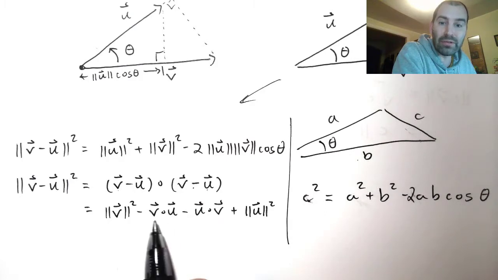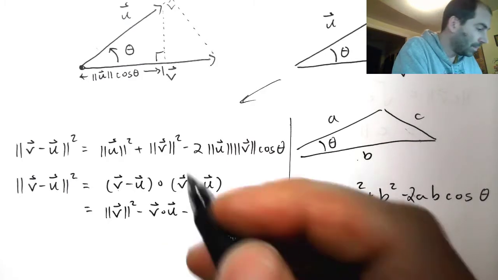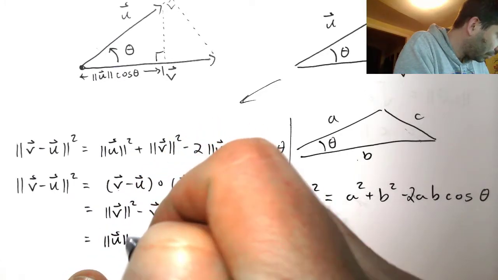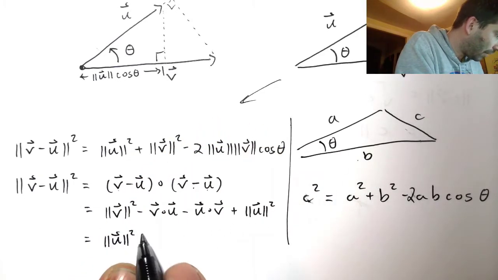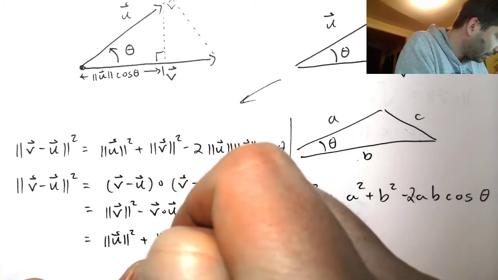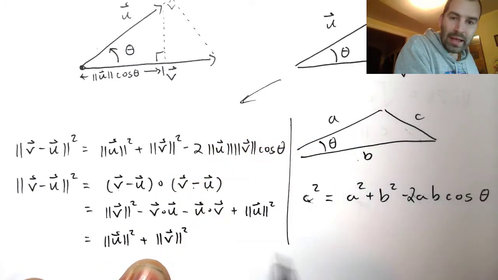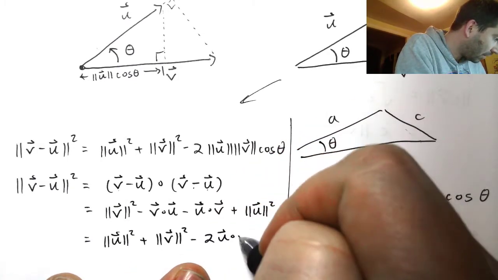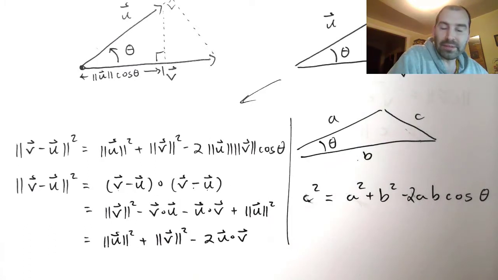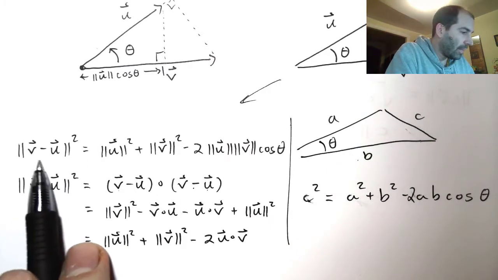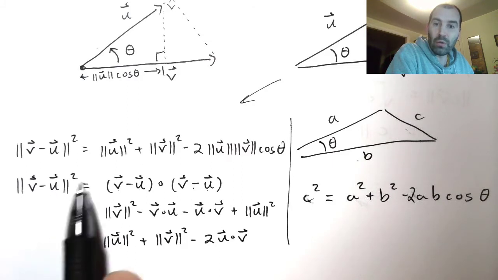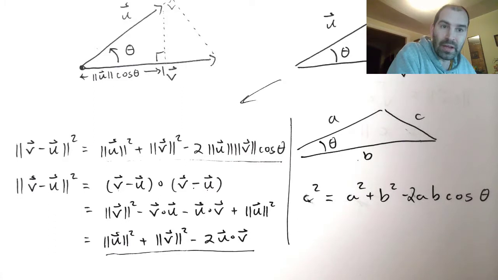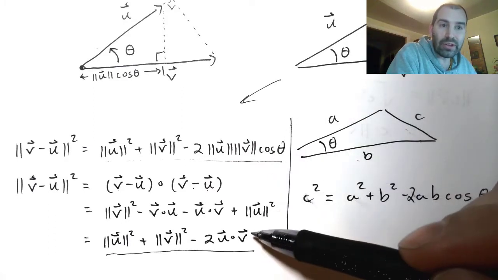We said it was commutative, so these are the same. Let me rearrange terms. I'm going to put the u first, so moving that guy over here. Then I'm going to write the v. And then these are the same, so I can just subtract twice one of them to get the same thing. So I get this. So we have expressed this two different ways, which means that this stuff is the same as this stuff. So this line equals this line.